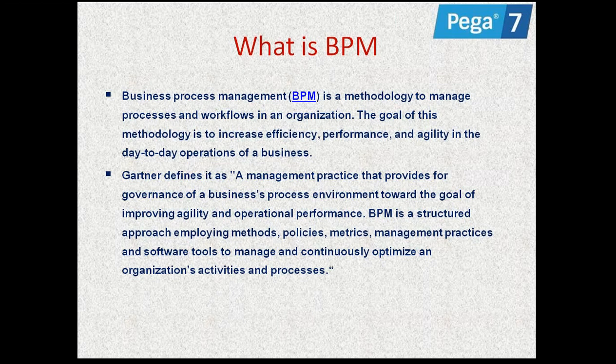And coming to Gartner's definition, Gartner is a top IT analyst, and according to him, Pega is a top BPM tool in the market. He defines BPM as a management practice that provides for governance of a business process environment toward the goal of improving agility and operational performance. BPM is a structured approach employing methods, policies, metrics, management practice, and software tools to manage and continuously optimize an organization's activity and process.